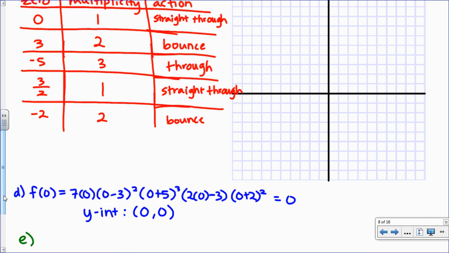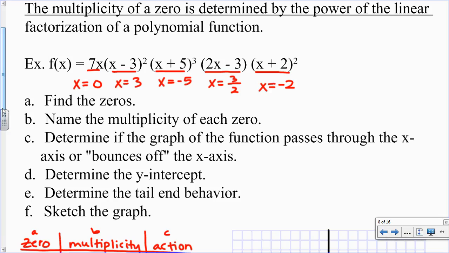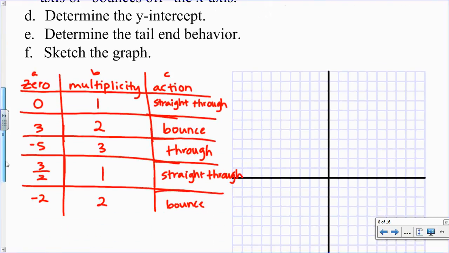Okay, part E asks for the end behavior. So what I need to do, because this is in factored form, we don't know the degree just by looking at it. But if I add all the multiplicities, that will give me the degree.